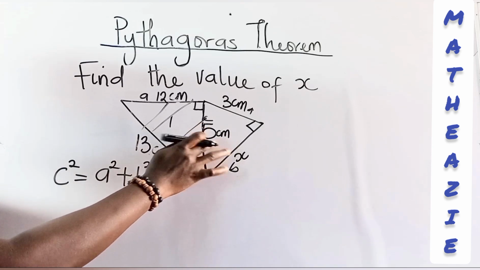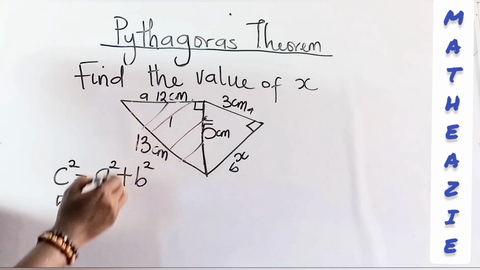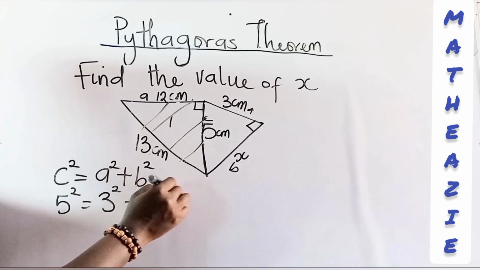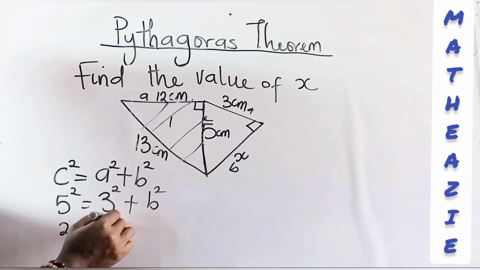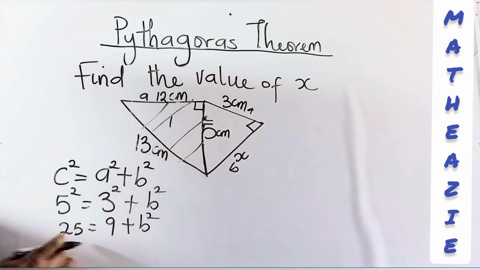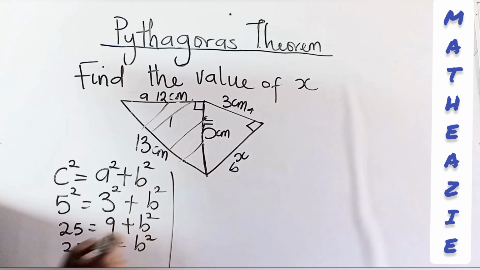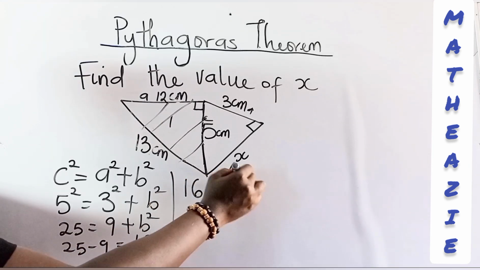C in this triangle here is 5. So 5 squared equals A squared is 3 squared. Then we have B that is unknown. Now 5 squared equals 25. 3 squared equals 9 plus B squared. Now if we collect like terms, 25 minus 9 equals B squared. 25 minus 9 is 16 equals B squared.